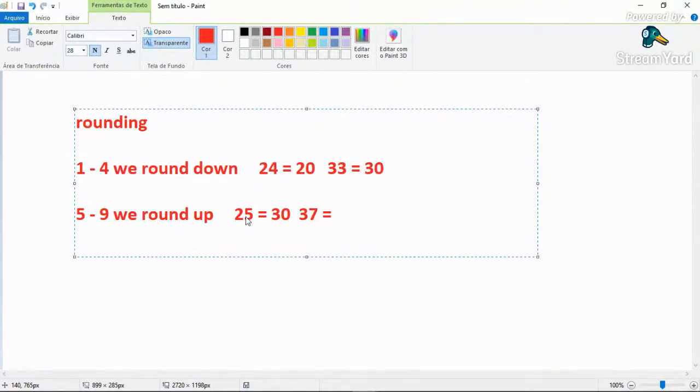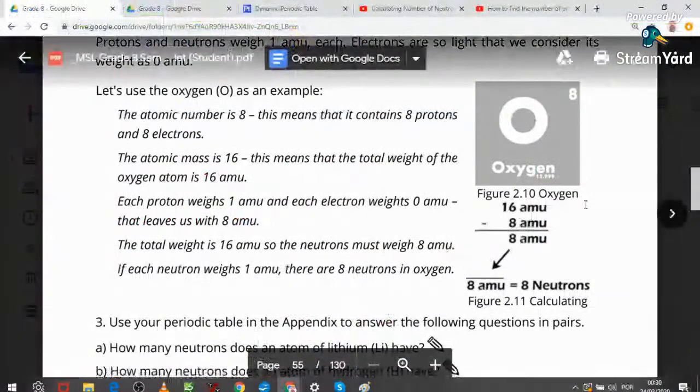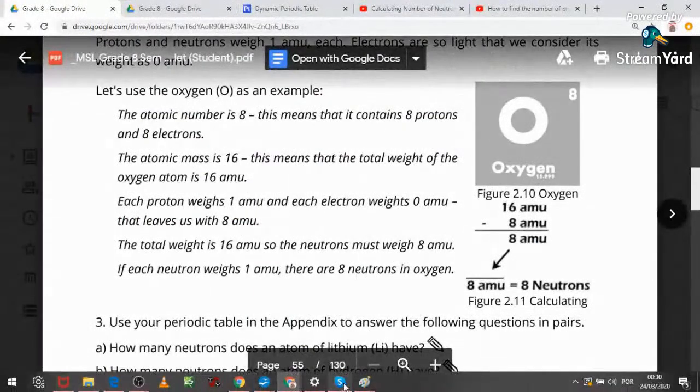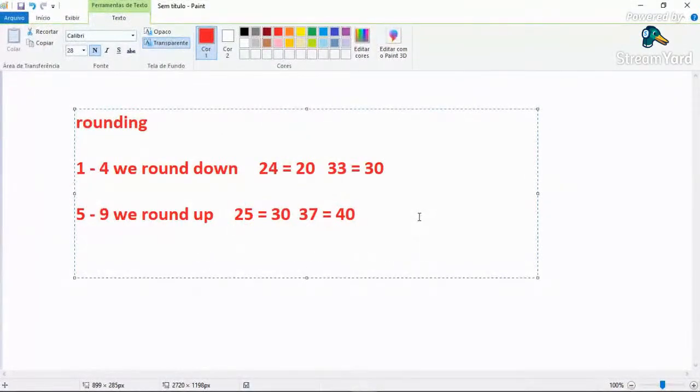Am I going to go to 30 or to 40? I'm going to go to 40, right? Because the 7 is right there. So when I look at the atomic mass of oxygen, it's 15.999.